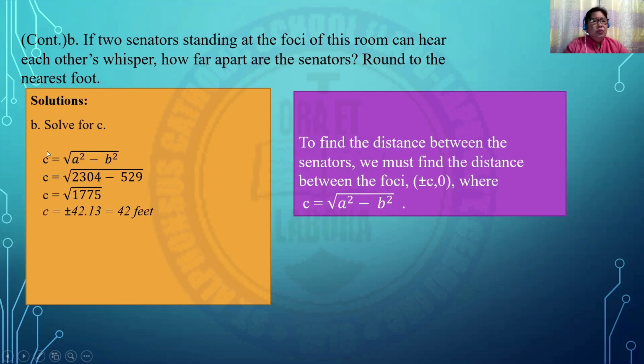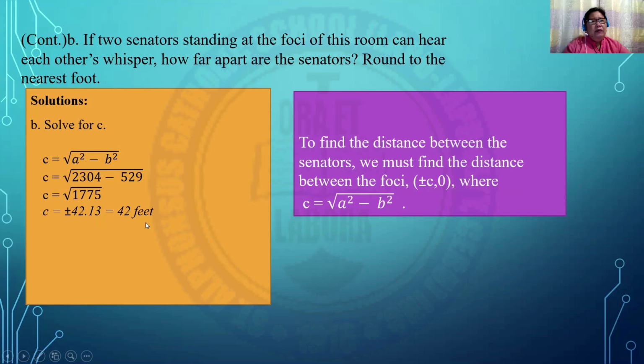Substitute 2,304 for a squared and 529 for b squared, and that is equivalent to 1,775. The square root of 1,775 is equivalent to positive or negative 42.13.